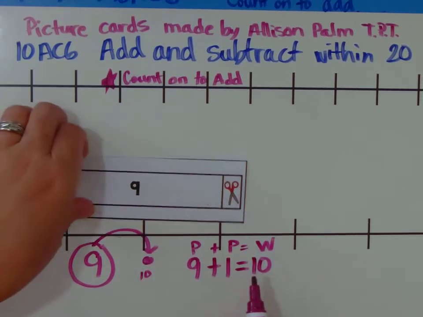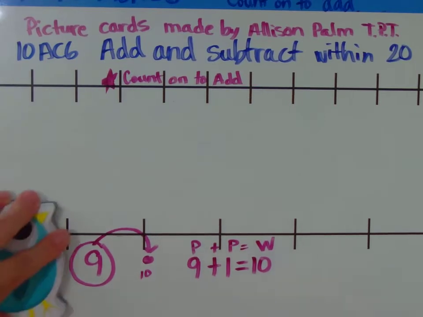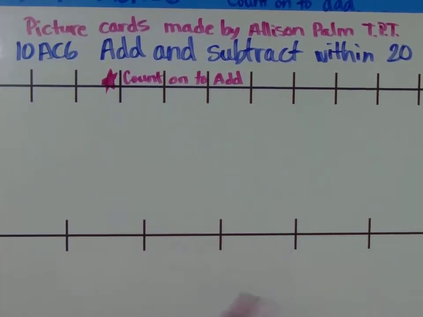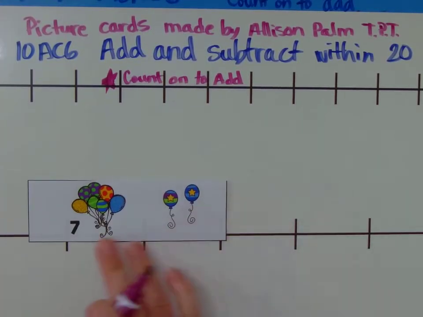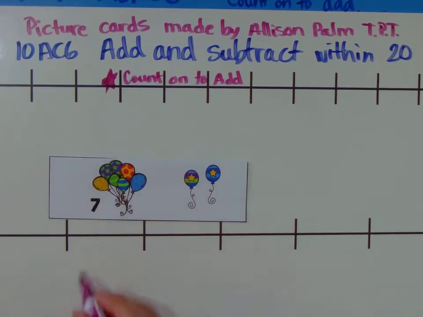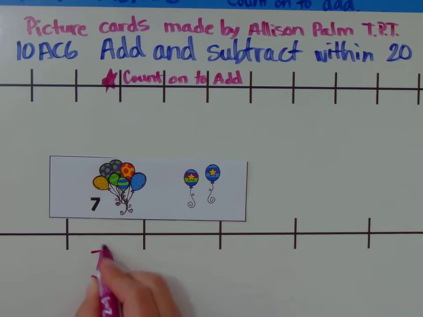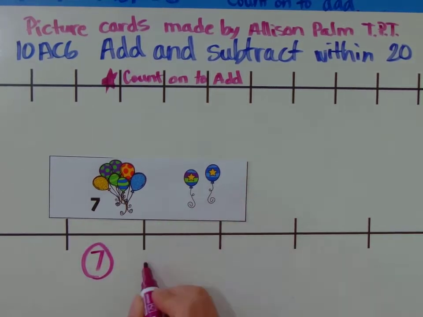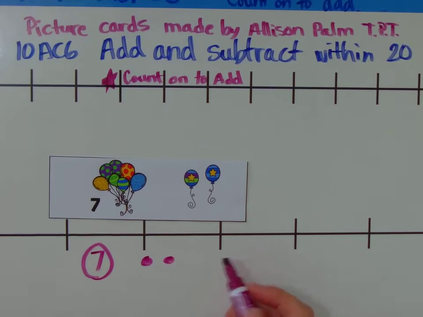The next one we are going to add is balloons and more balloons. Here we have 7 balloons and we have 2 more that we are going to add to that.